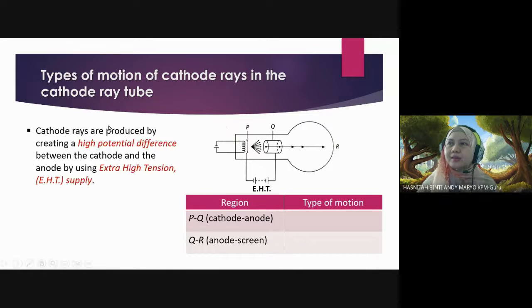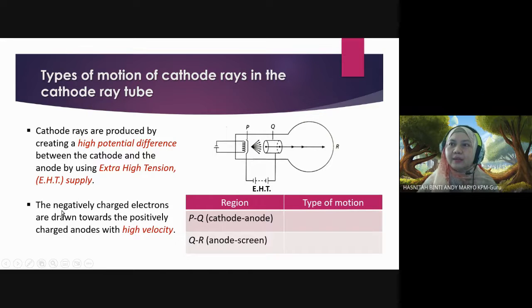Okay, so what happened here? The cathode rays are produced by creating a high potential difference between the cathode and anode by using the EHT, as I mentioned just now. The negatively charged electrons are drawn towards the positively charged anode with a high velocity. When we switch on the power supply, the tungsten filament will start to heat the cathode, and at a certain rate the electrons will start to emit.